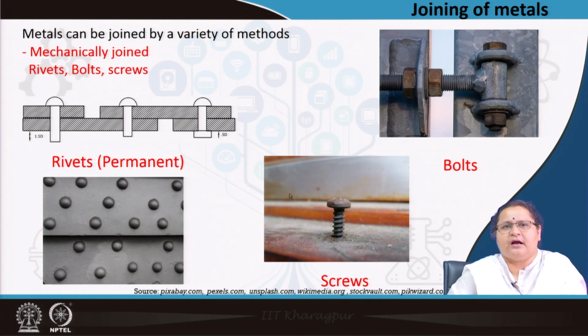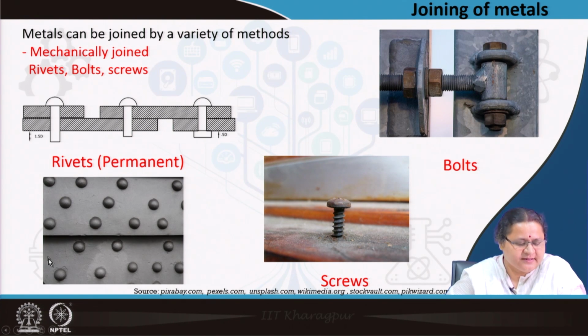Now, coming to the other kind of joint, the mechanical joints, which can be done to join two items while allowing some movement and some possibilities. We see rivets, bolts and screws.